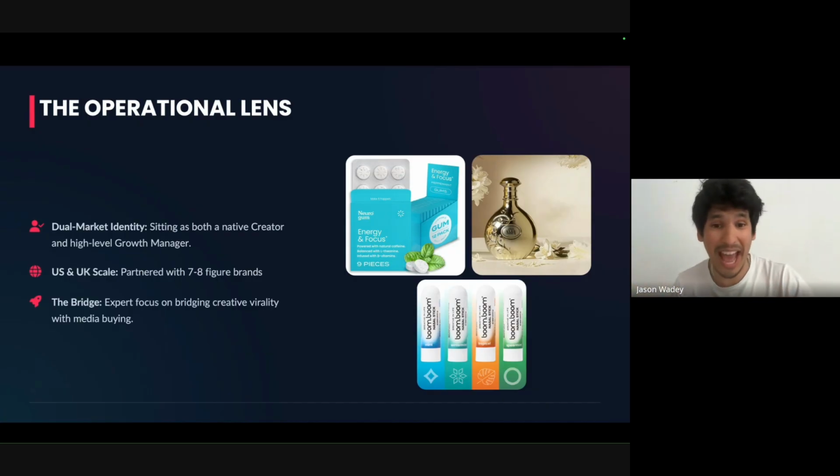So basically UK and US as well. My goal overall has been to bridge the gap between the content aspect, going viral, producing high converting content, and making sure everything's running smoothly on the back end with building up an affiliate army, a lot of the creative strategy behind it, basically trying to make things operational and work successfully on the back end as well.